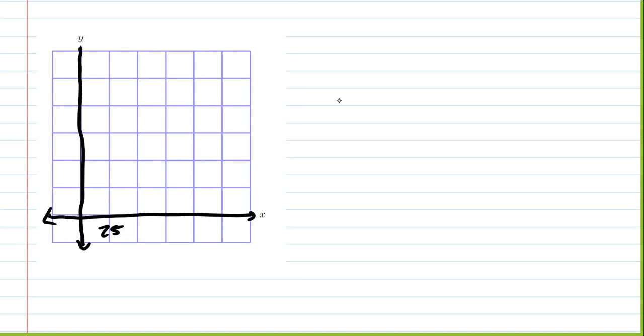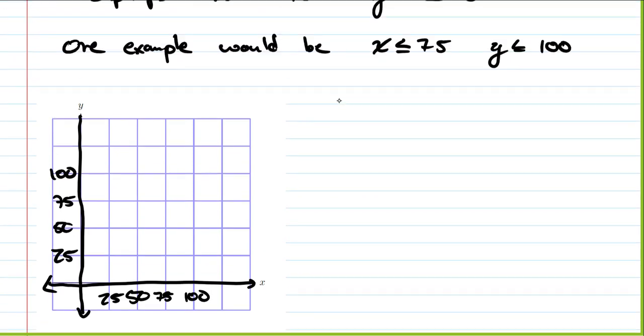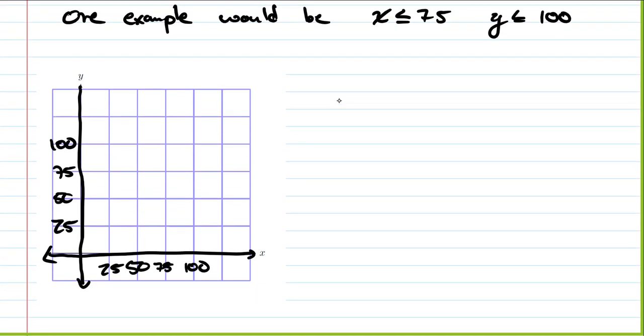And I'm going to scale this in 25, 50, 75, 100, 25, 50, 75, 100. So if I know that x has to be less than 75, that would be here. I'm going to mark that part in yellow, so that would be all of this.